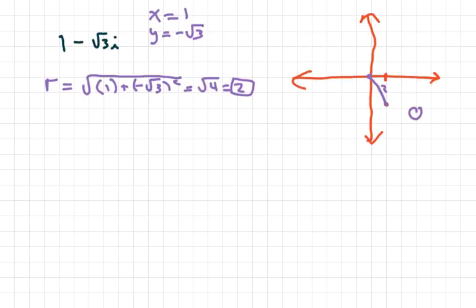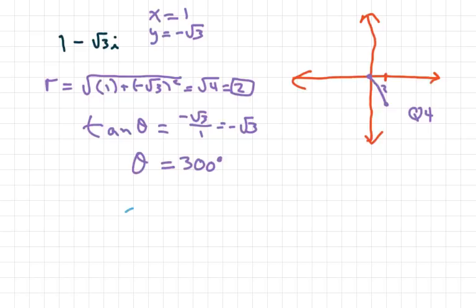We know we're here in quadrant 4, so whatever angle I find for tan, we're in quadrant 4. So tan of theta equals y over x. So this is negative square root of 3. So that means my angle is going to be 300 degrees. Whoops, why did I put 330? 300 degrees.